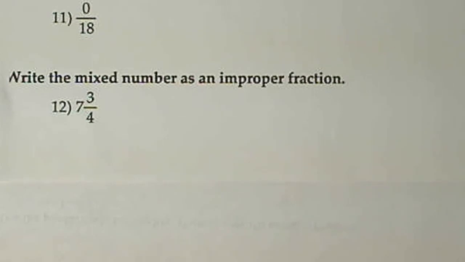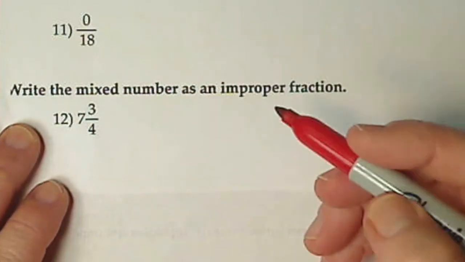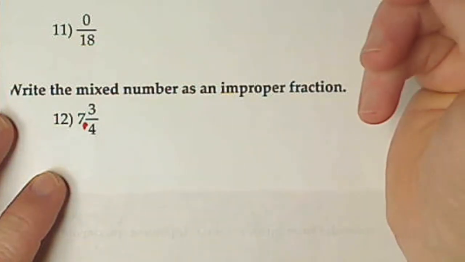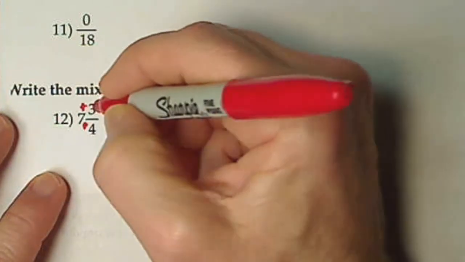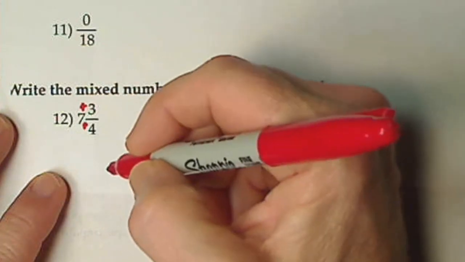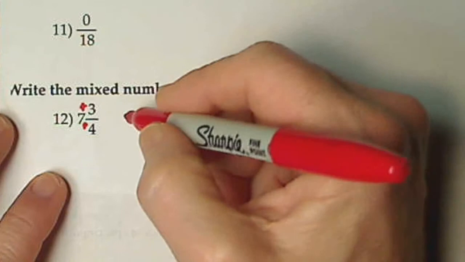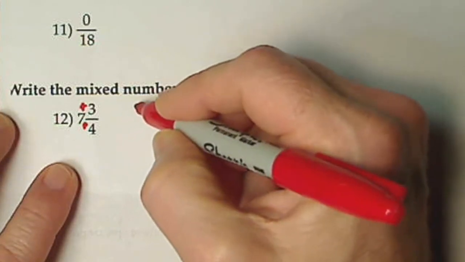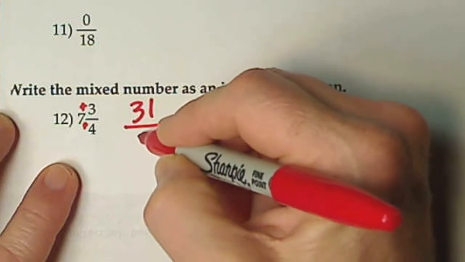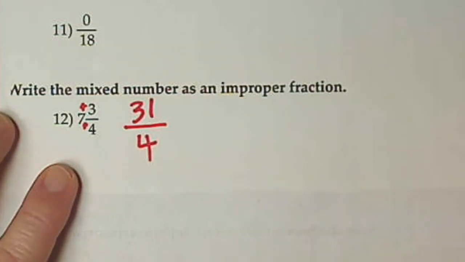So they want this as an improper fraction. Well, we will oblige them. To change a mixed number to an improper fraction, you multiply 4 times 7, and then you add the numerator. So 4 times 7 would be 28 plus 3 is 31, and you keep your denominator, so 31/4.